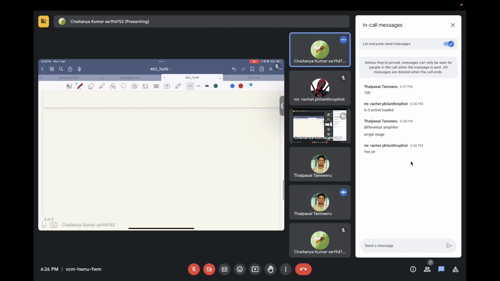Band gap reference, sir. Do you have any doubt in band gap reference? No, sir. If you solve any numericals, I will get a summary. Can you tell me what kind of numerical you want to see on band gap reference?